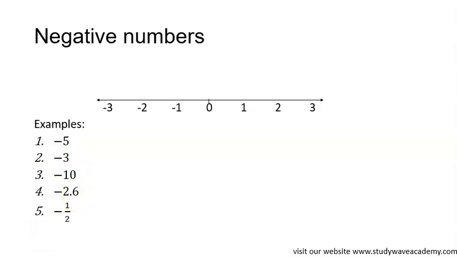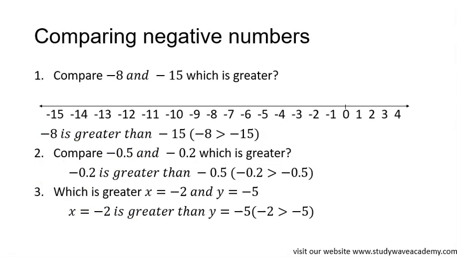So now let's compare negative numbers. When comparing negative numbers, think of them in terms of their distance from 0, okay? Do you understand? Like we are to compare -8 and -15, which is greater?